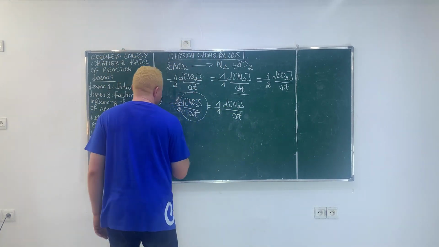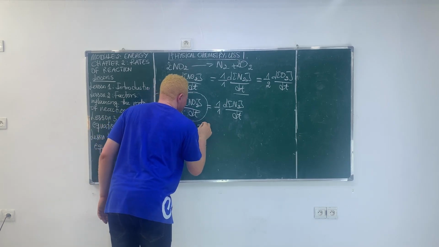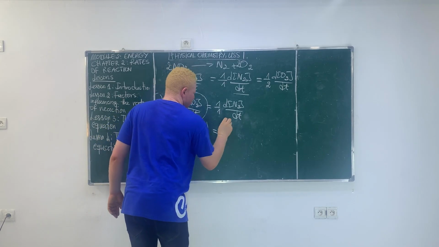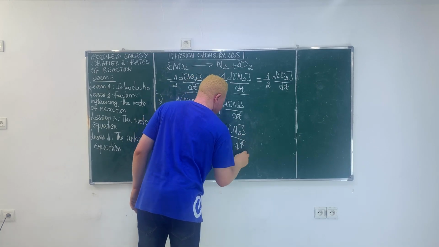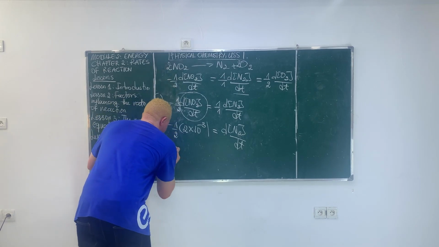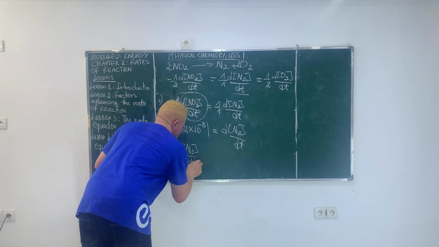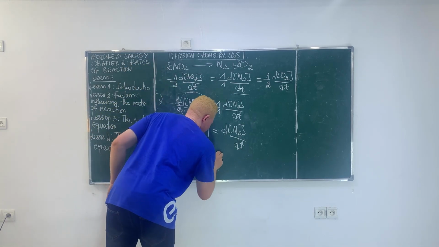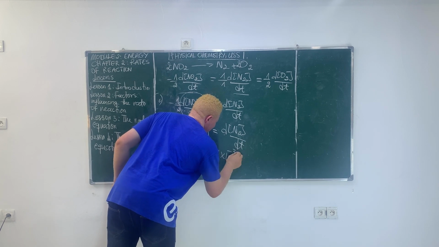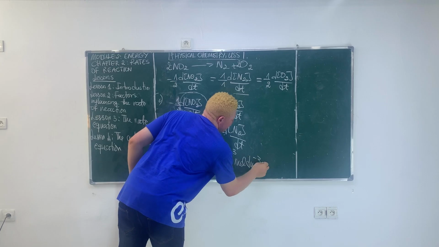So we have minus 1 over 2 times 2 times 10 to the minus 3 equals dN2 dt. So dN2 dt equals 1 times 10 to the minus 3 moles per dm cube per second.